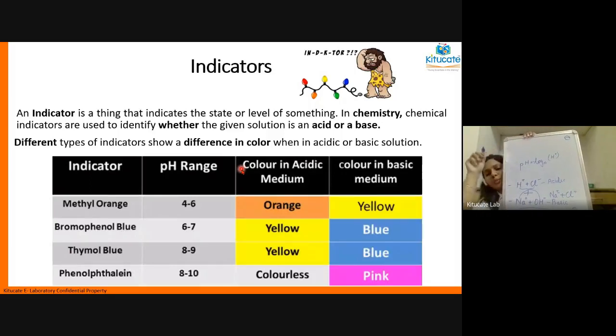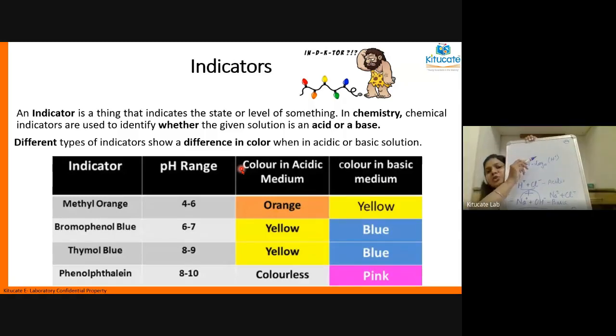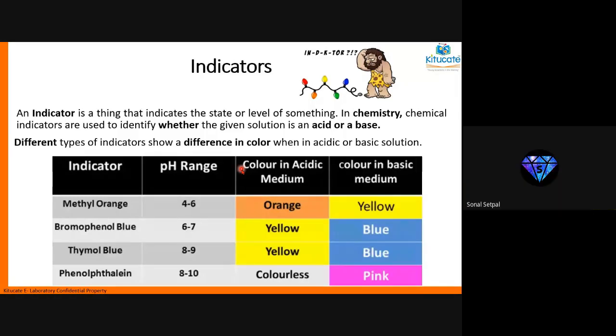Now, in this formula, what all do you understand? Do you all know what is a log? Have you all studied log in school? No, ma'am. Okay. H plus you all understand, right? What is H plus? Hydrogen.